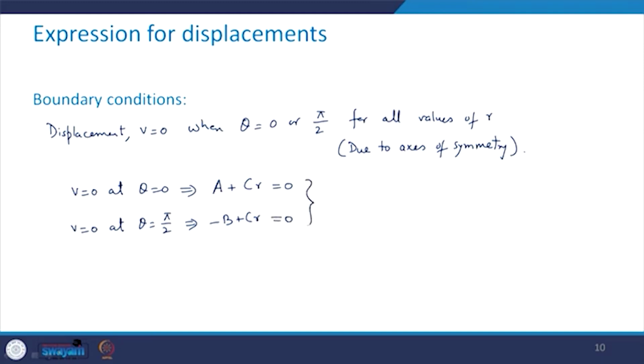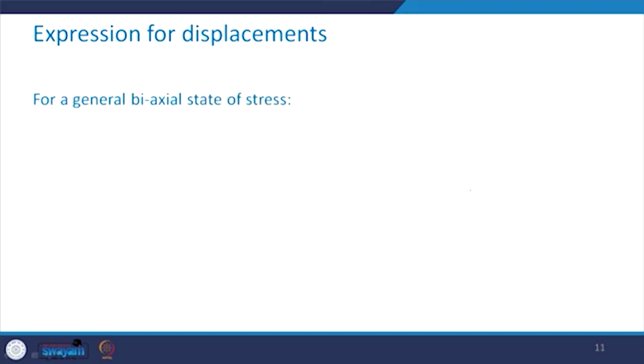And if you try to solve both of these equations, the solution will be a equal to b equal to c equal to 0. Now like we did in case of the stresses, in this case also we will take two conditions, one for the biaxial and the second one for the uniaxial.